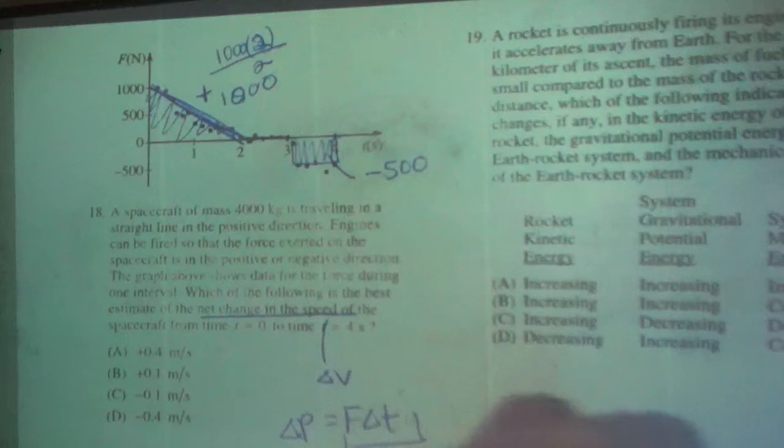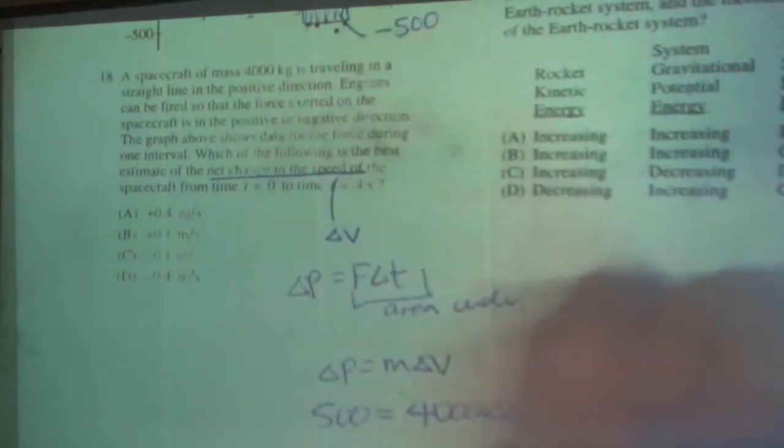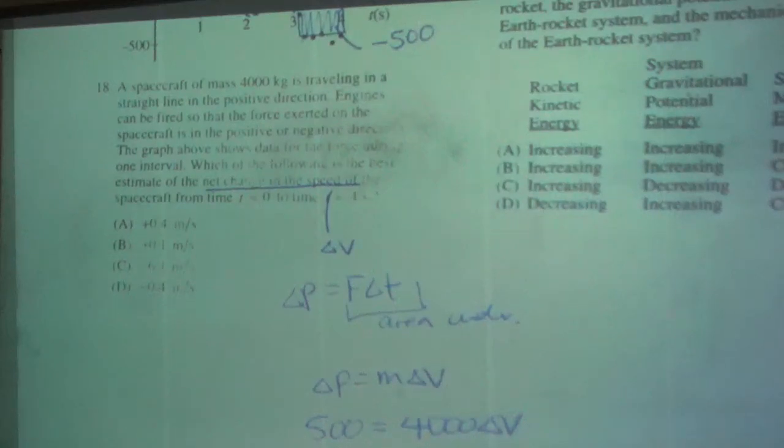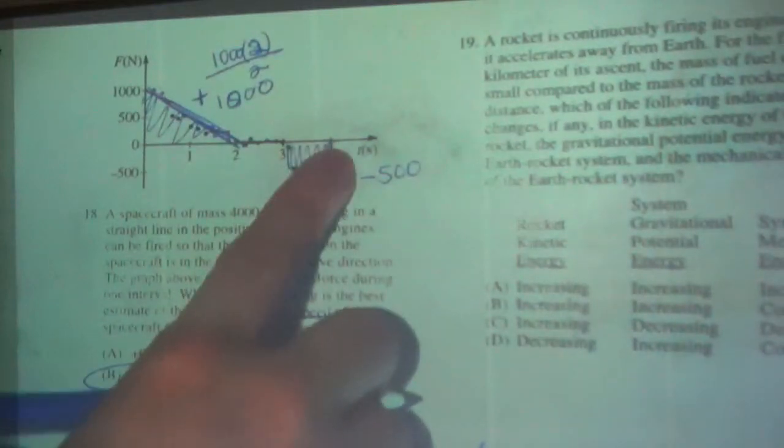Mass of 4,000, change in velocity, divide the mass over. I got like 0.125. I think with these numbers I got 0.125, so then the best answer choice would be the positive 0.1. Because I'm getting a positive number out: I might be losing momentum at the end, but I gained more than I lost, so overall I gained.